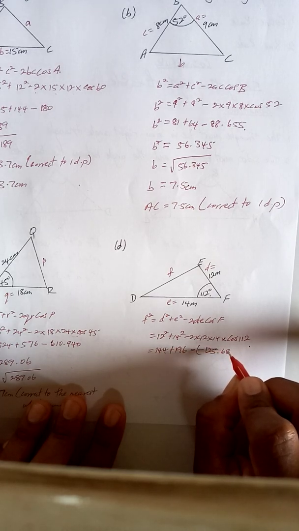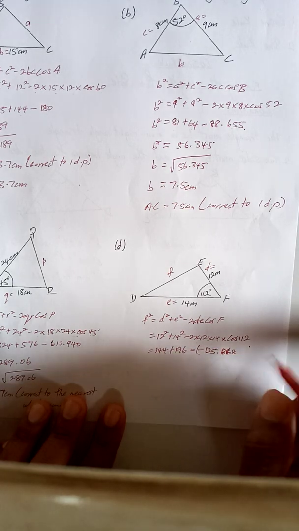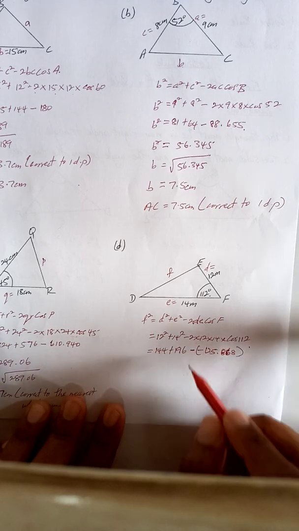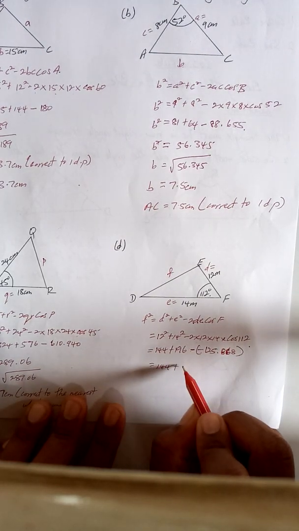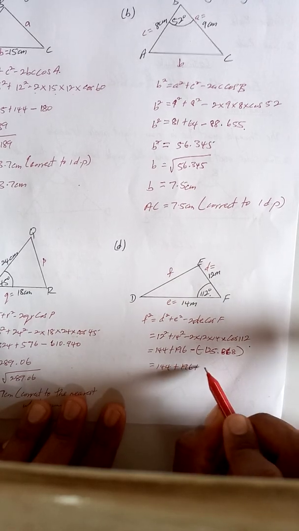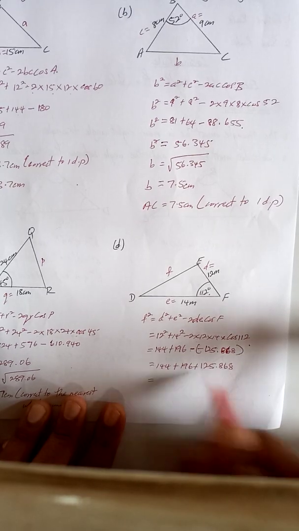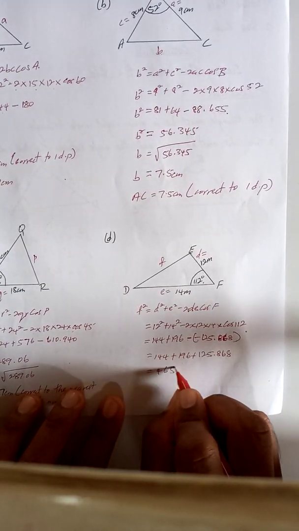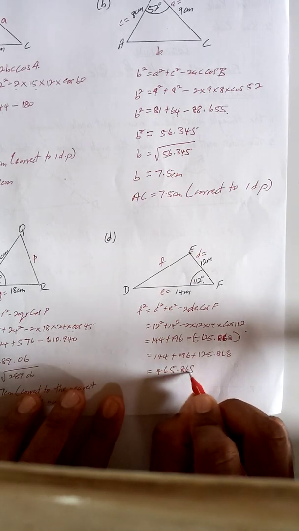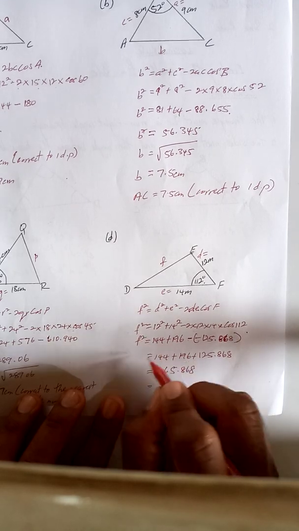Close our bracket. These 2 negatives will multiply and give us a positive. So we'll have 144 plus 196 plus 125.868, and then we add all 3 numbers. We should have 465.868. F squared equals all of this.